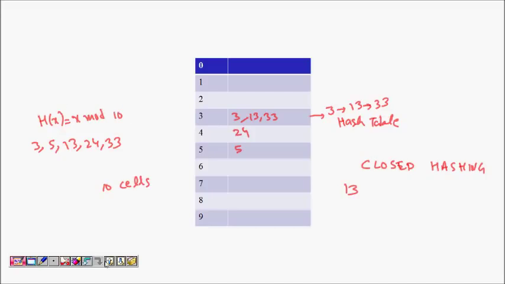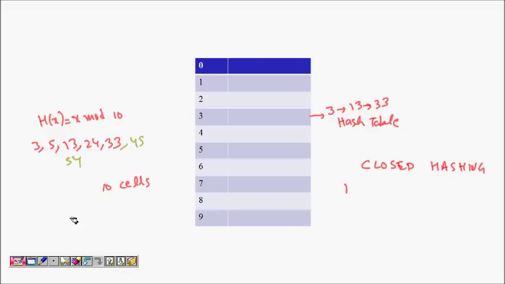Let's delete a few things from the table, and now let's see how we write. I will insert 3, 5, 13, 24, 33, 45 and 54; these are the things we want to insert.